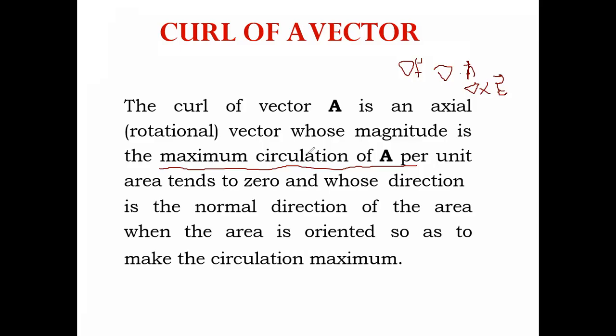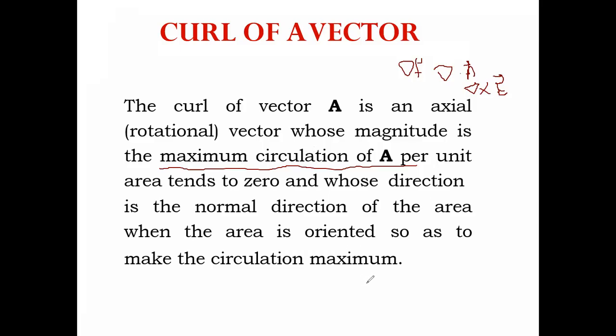Conservative field means work done is independent of path. You should know these things because later on, if a field is conservative, of course its curl will be 0, and the second important point is that work done will depend only upon the initial and final position.